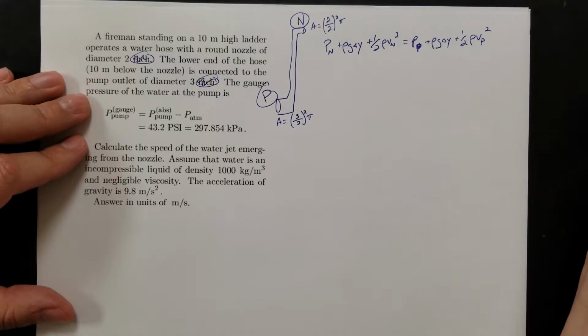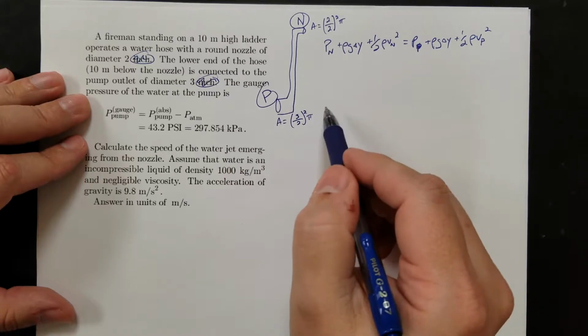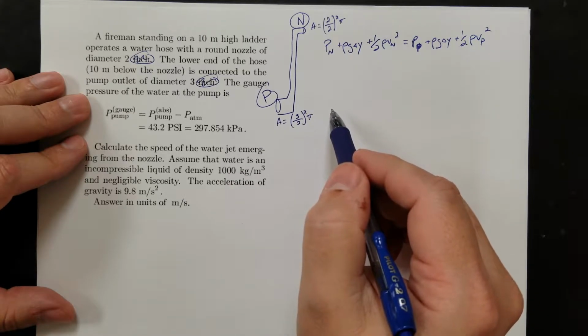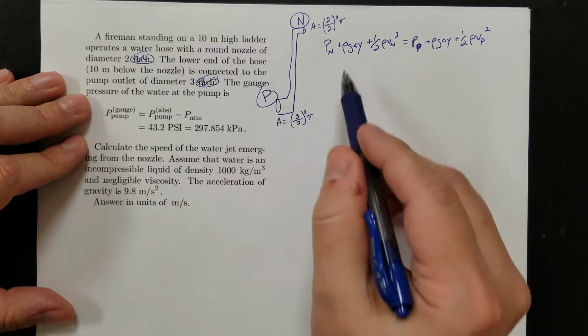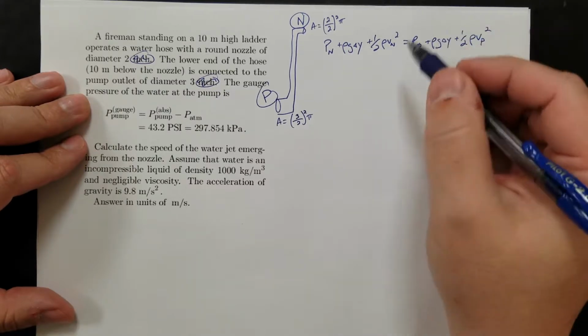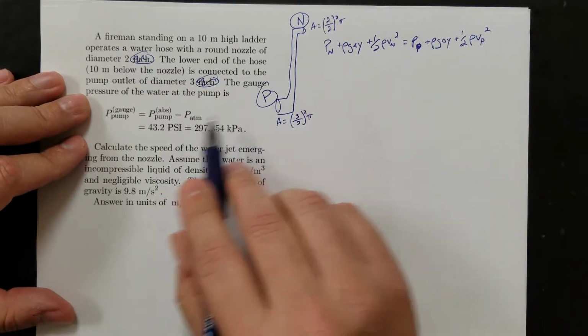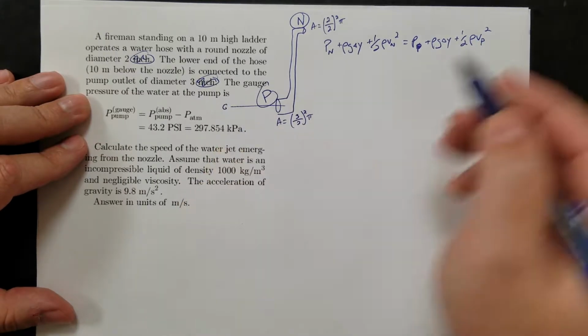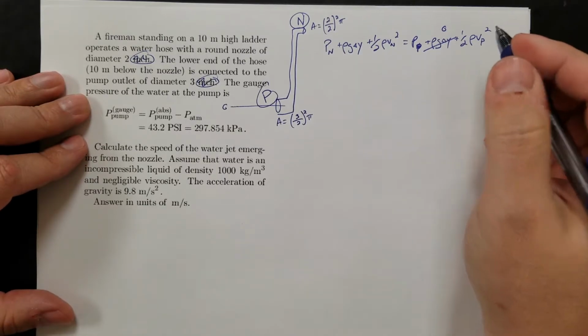Okay, so I can get rid of, at the nozzle, I'm going to subtract that pressure over. And I'm going to get rid of the gravitational potential at the pipe, because I'm going to call this 0, so that's 0. And then I'm going to subtract over the nozzle.